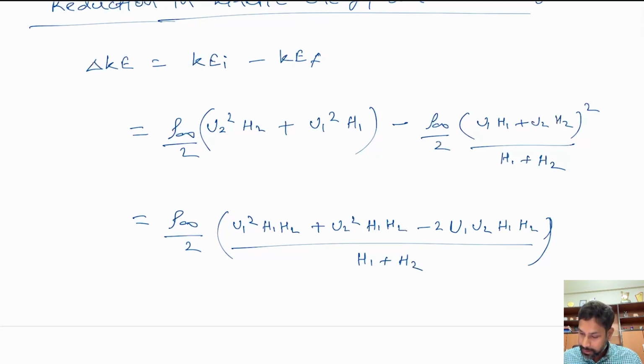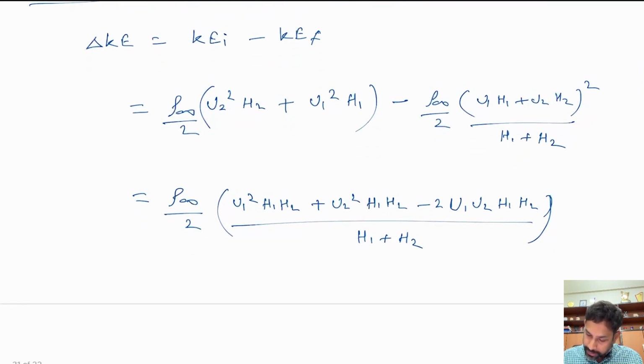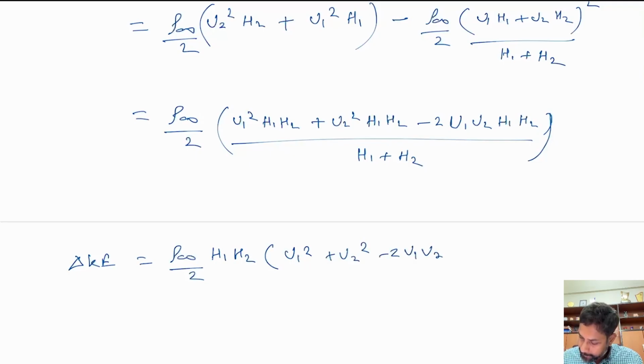All right, so this is what we get after expansion, where some of the terms will get cancelled, and this will further simplify to rho infinity by 2. We can take h1 h2 out, and that gives us u1 square plus u2 square minus 2 u1 u2 over h1 plus h2.